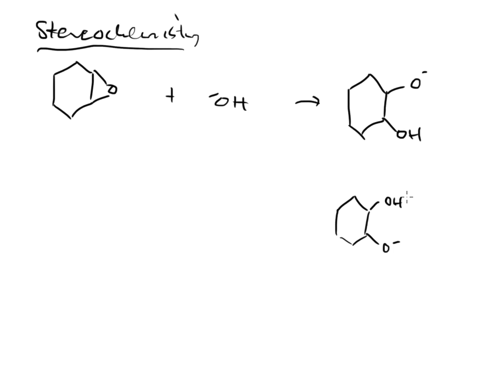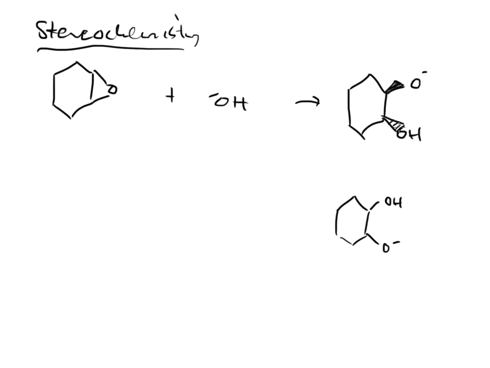Sometimes when that OH goes on, the oxygen's already here from the epoxide ring. That could be pointed towards you. This oxygen could be pointed away from you on the OH. So this is a trans orientation, right? All of this is stereochemistry, 3D.